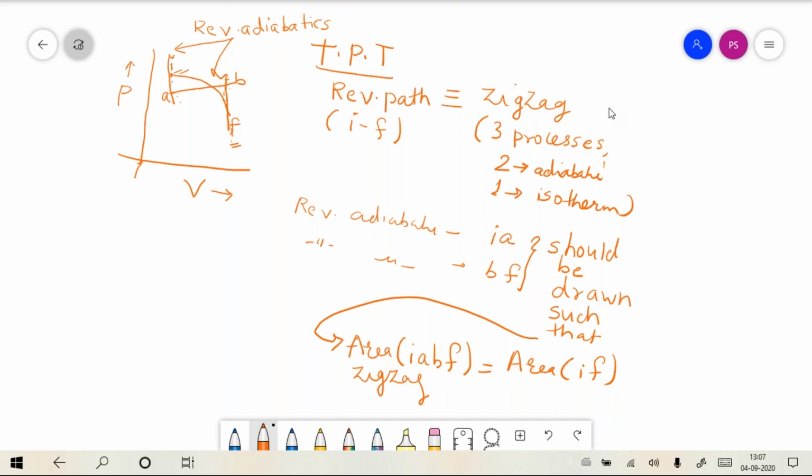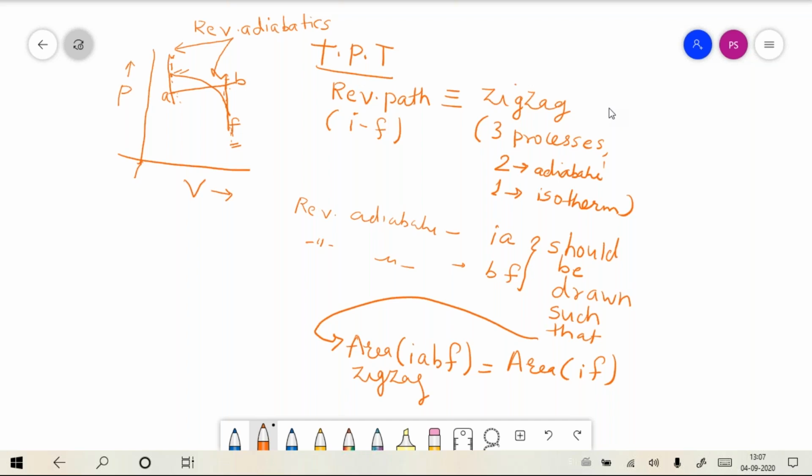We want to prove that this I to F is the same as three processes. In other words, if any reversible path is given, then I should be in a position to replace that reversible path by these three processes. I hope now it is understood. This is to be proved.